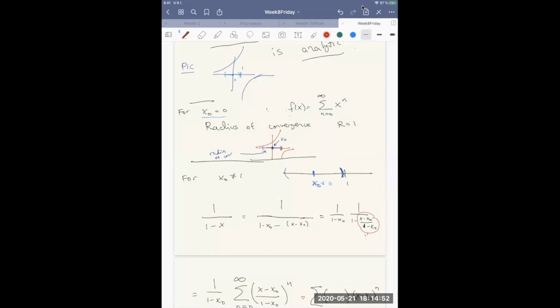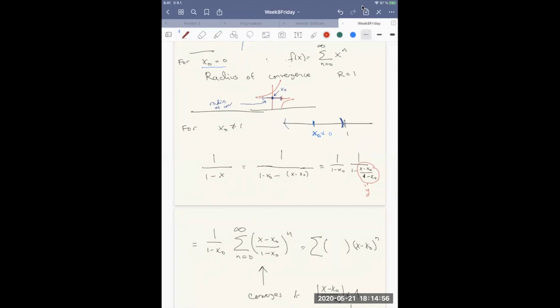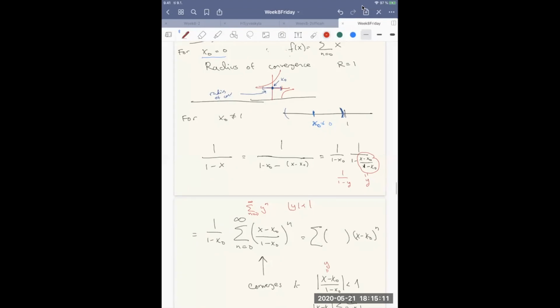So let's think about this as y for a moment. This is 1 over 1 minus y for a weird y. So it can be expressed as the sum from n equals 0 to infinity of y to the n, as long as the absolute value of y is less than 1. And that y is here. Let's see what we get from here.